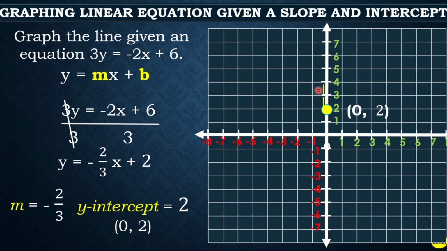Tatlong beses. 1, 2, 3. And this is your point. So, what is this point? This is point (-3, 4). Now, we can now graph the points. Connect the points. And this is the graph of 3y equals negative 2x plus 6.